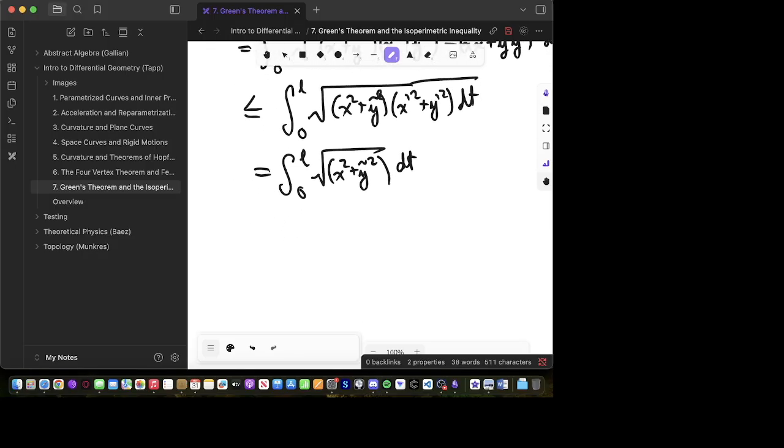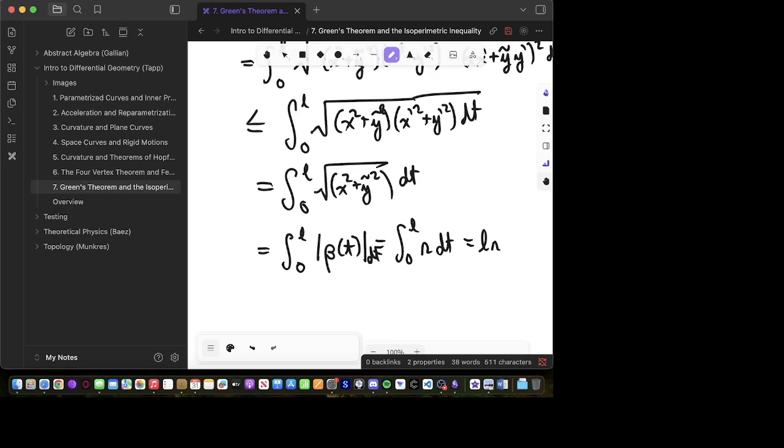And remember how we parametrized beta, which is the circle. This is going to be equal to the magnitude of beta from 0 to L, which is basically the integral from 0 to L of r dt, which is L times r.